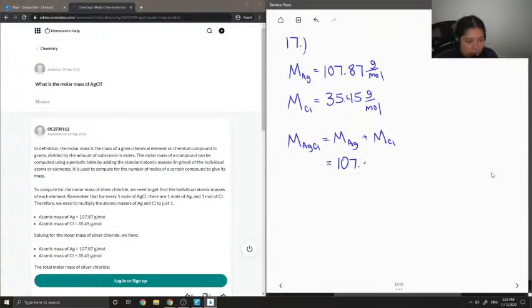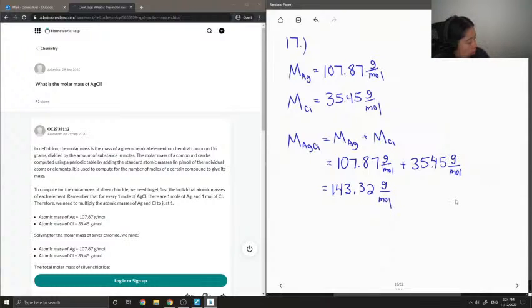Okay, so plugging in their molar mass values gives us 143.32 grams per mole.